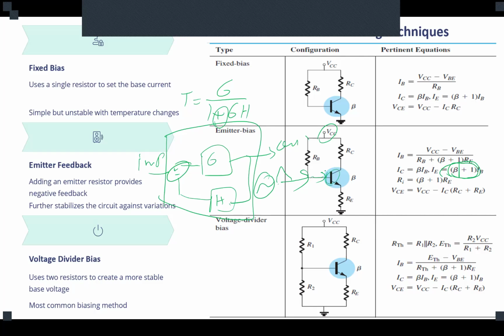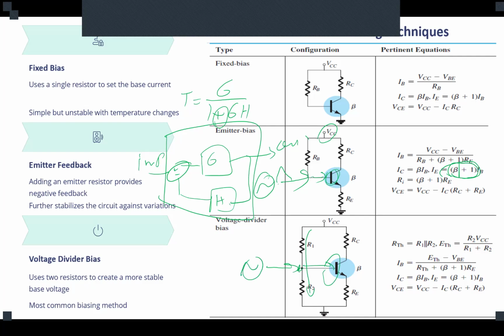So the current in the base is both the current injected from the VCC, your power source, and the input signal. In the voltage divider, you set your system in a way that the current from VCC goes through this resistor. It only sets the voltage of the base, and now the only current that is injected to the base is the signal that you wanted to inject to the circuit.